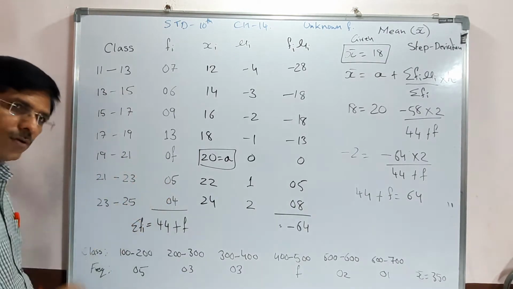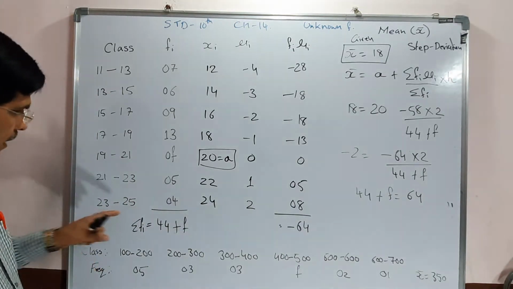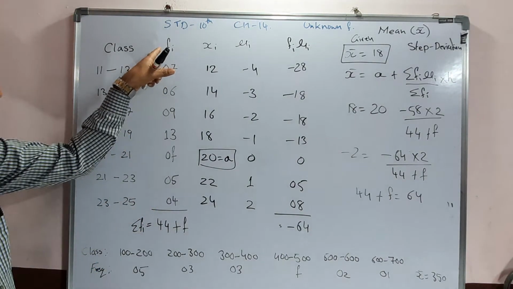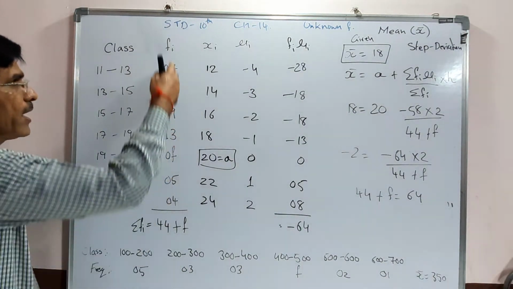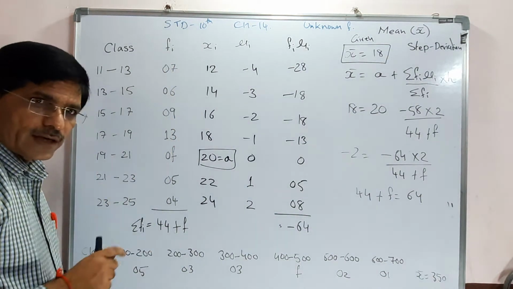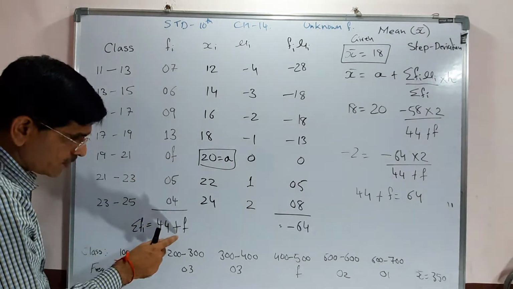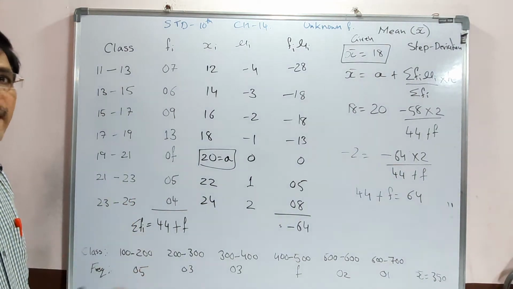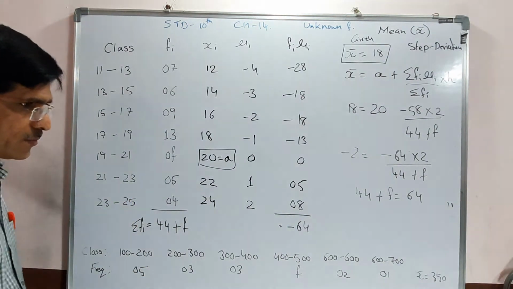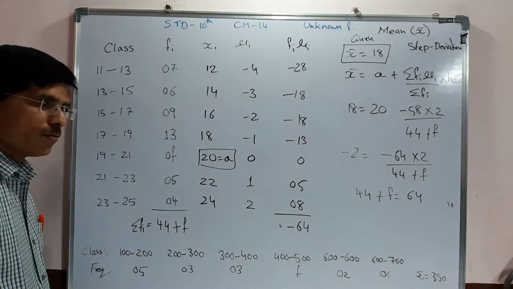05, 04. And what we have to find out? The total, that is sigma fi. Now when we are doing addition, the frequencies should be added plus f. Don't write 44f. Sometimes some students do like that when we check the board paper.